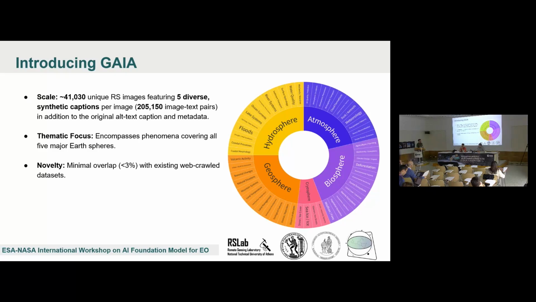As for thematic focus, it encompasses phenomena covering all 5 major Earth spheres, as you can see on the side. And it exhibits minimal overlap, less than 3%, with existing web-crawled datasets.